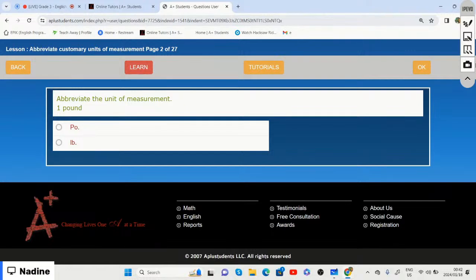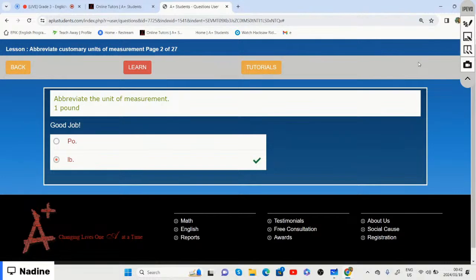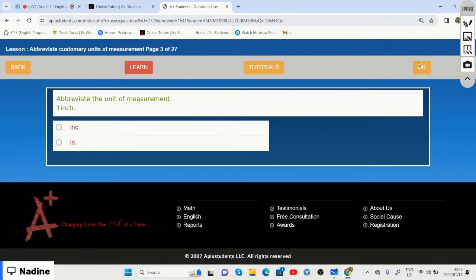If we abbreviate the units of measurements, we're going to go with LB for pounds. And well done, guys. Well done.